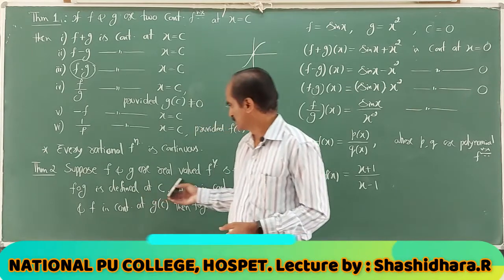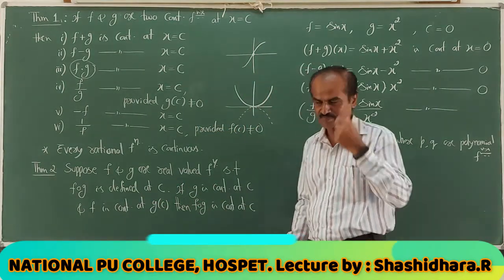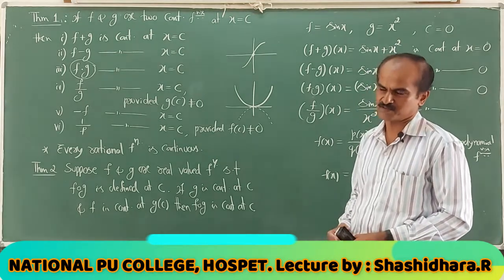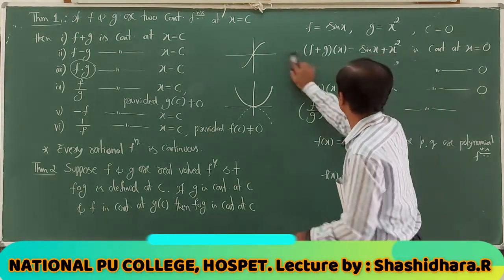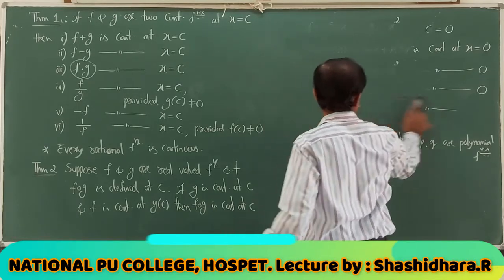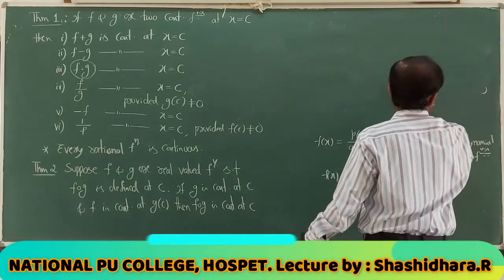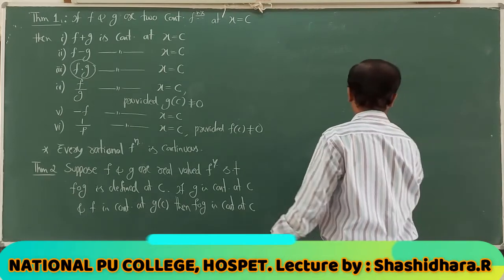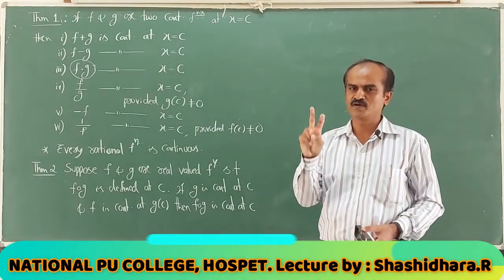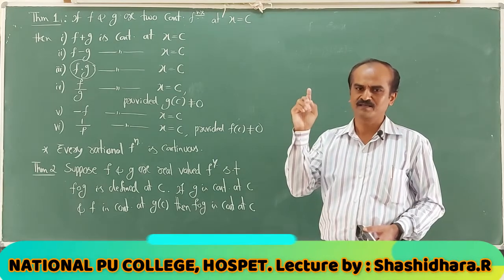Next, theorem 2 says, suppose f and g are real valued functions. What is meant by a real valued function? In first PUC you already came across this. There are two types of function: one is real function, another is real valued.